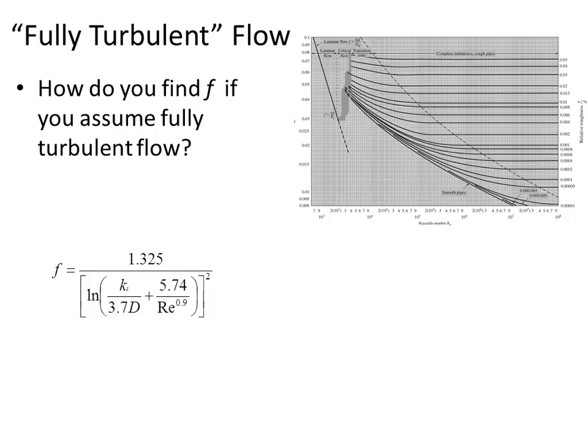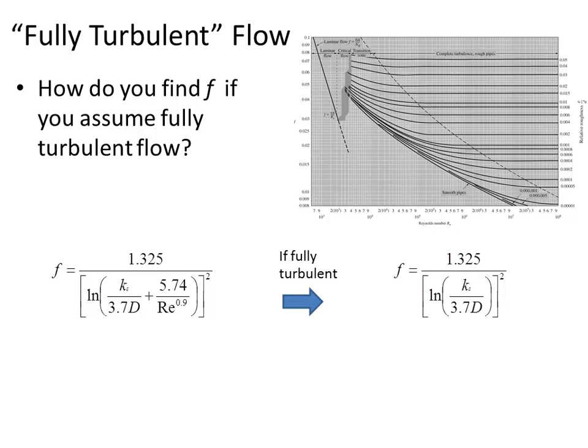And when we're making that assumption that we're in the fully turbulent range, the Jain equation simplifies because the effect of the Reynolds number term is so big that that part of the expression goes away completely, and all we're left with is that the F value is a function of k_s over D. So if we say, let's assume it's fully turbulent flow, that's a way of very directly and easily calculating the F value a first time around.